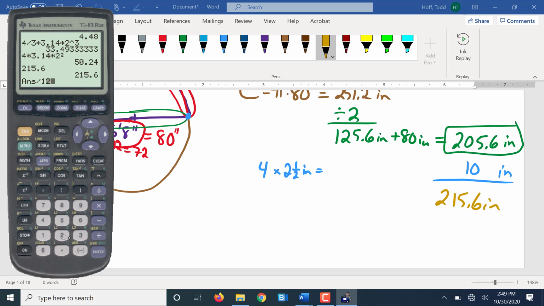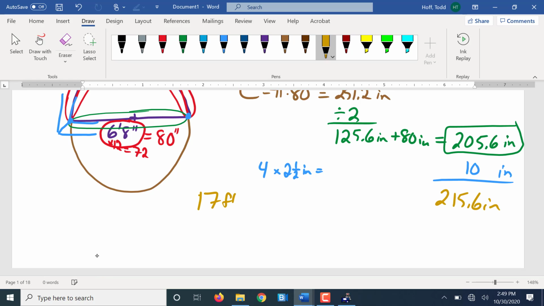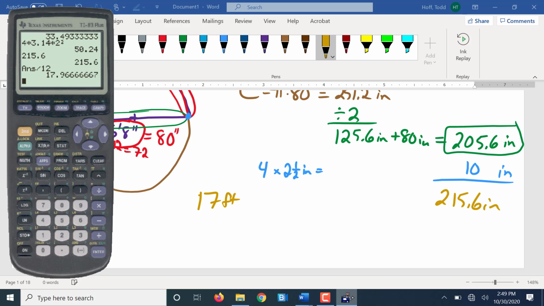Well, we divide by 12, which would give us 17 feet. So now we're going to do what here? I did 215.6 divided by 12.